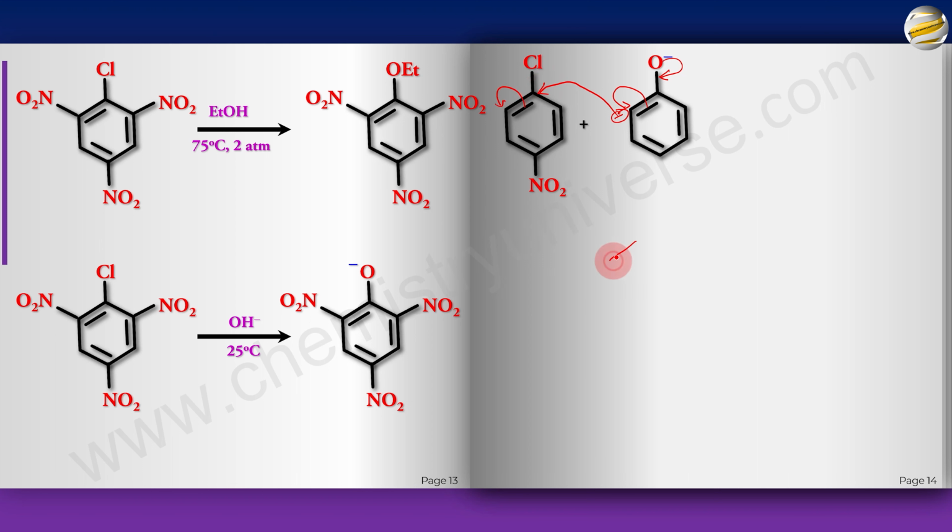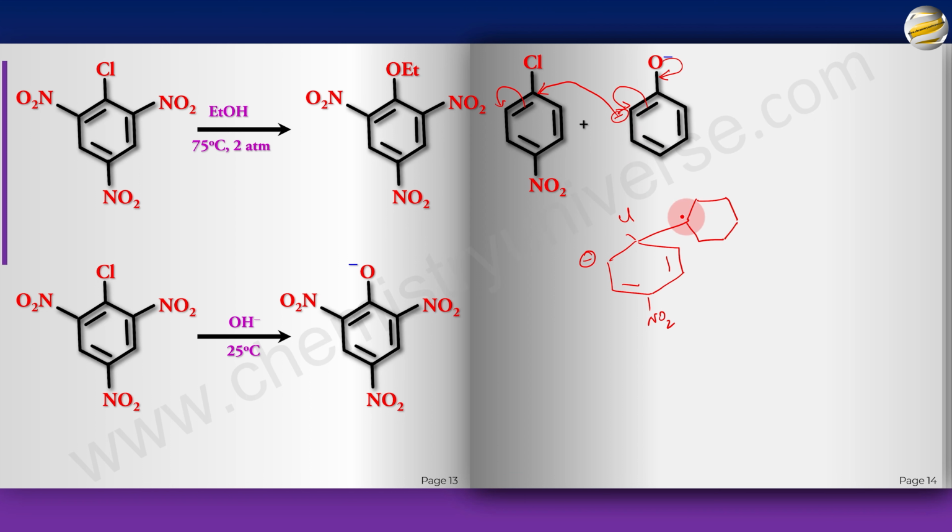So what would happen is the one with the chlorine would look like this. Chlorine, negative, double, double, and there's an NO2 here. And this would be attached to the ortho carbon of the phenoxide ion.